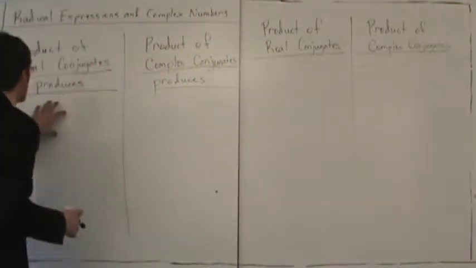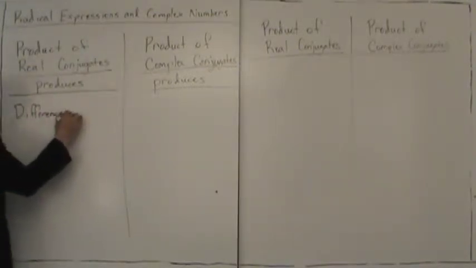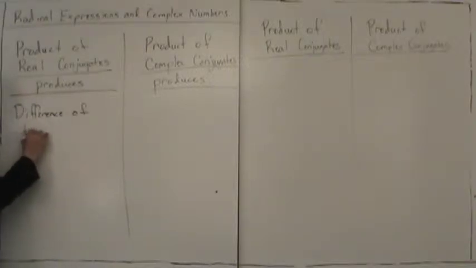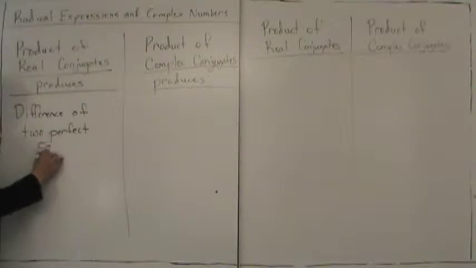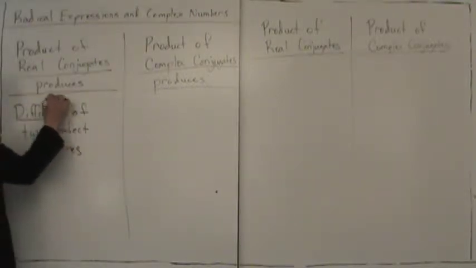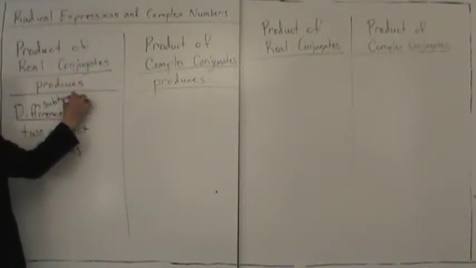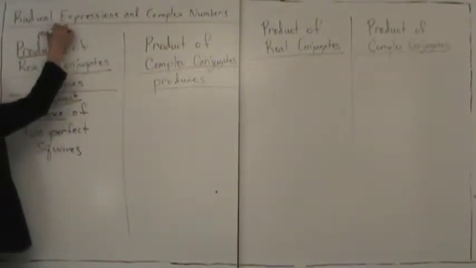So product of real conjugates produces what we call a difference of two perfect squares. Difference means subtract, and product means multiply.